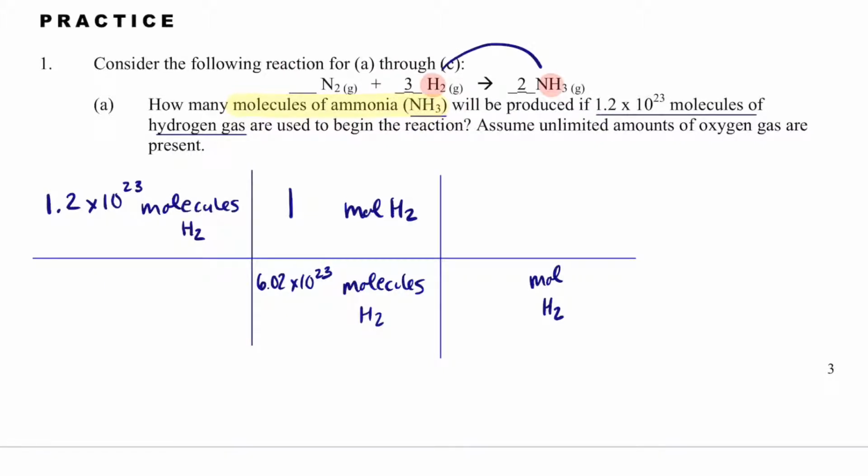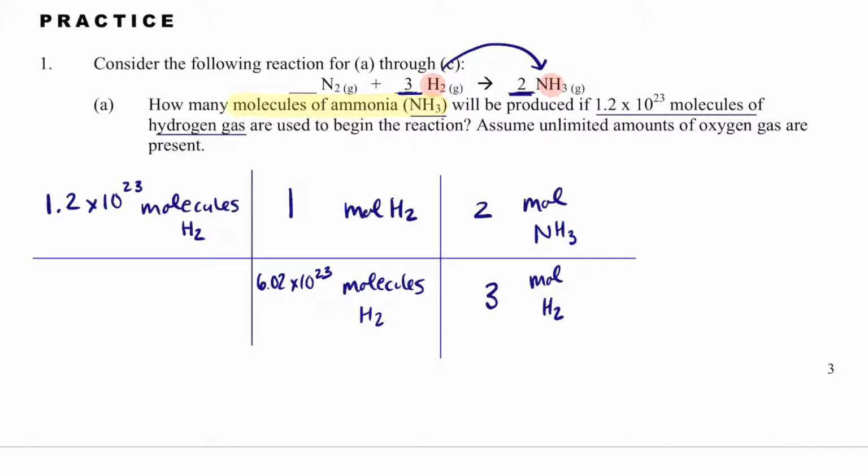The only way I can convert between substances is by using moles. So we'll go to moles of NH3. And like we talked about at the beginning of this video, these coefficients tell us exactly how many moles we need for a mole bridge. So H2 is 3, and NH3 is 2. Now if I stopped the problem, I would be at moles of NH3.